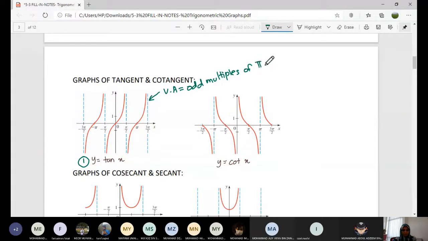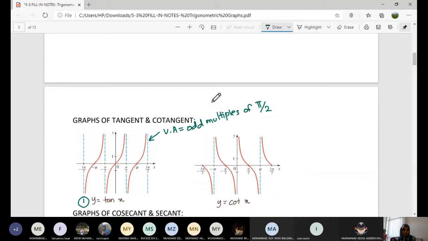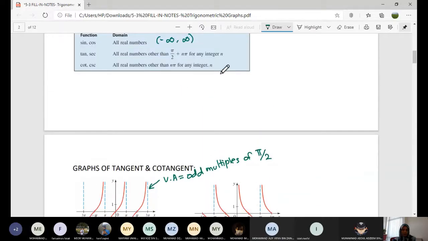In other words, x can be all real numbers except pi over 2 plus n pi for any integer n. An integer can be positive or negative. It means odd multiples of pi over 2.